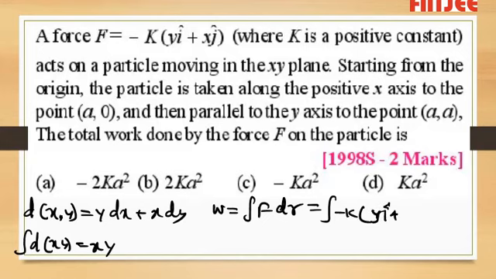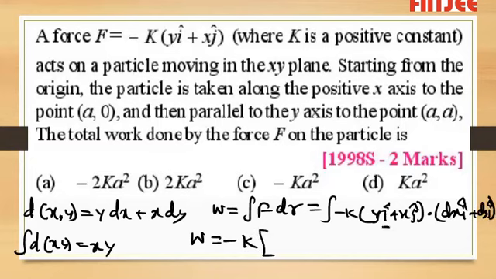So it is the integral of (y i cap plus x j cap) dot (dx i cap plus dy j cap). So, minus k outside, and i dot i gives y dx only, and x, because j dot j is 1, so x dy. It is like that only.